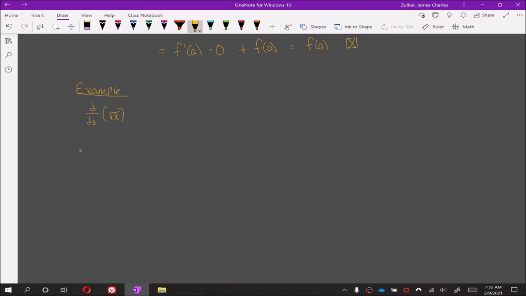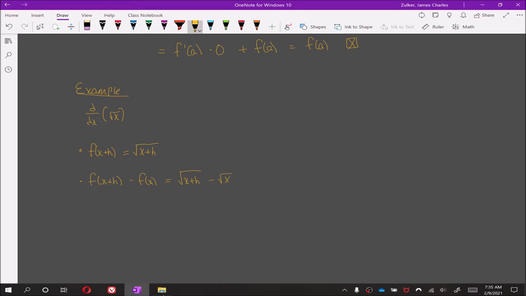So the first step is to find f of x plus h. Now f of x was root x, so this is the square root of x plus h, and the idea is to try to fully simplify this. Well, that's already simplified, so we move on to step 2, which is take what we just found and subtract out an f of x. And again, you want to fully simplify this before moving on to step 3.